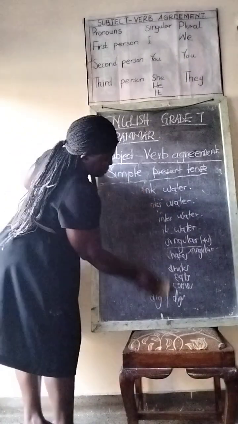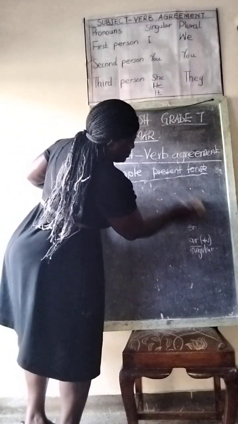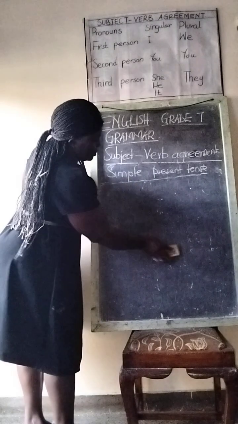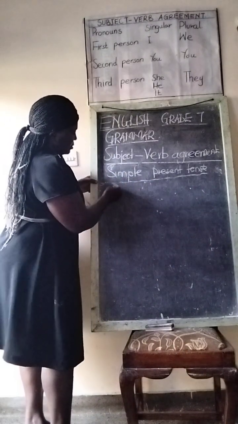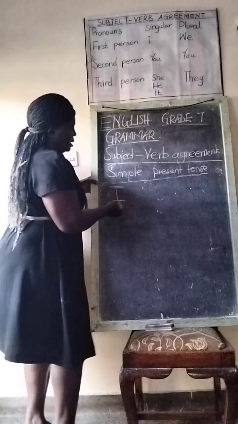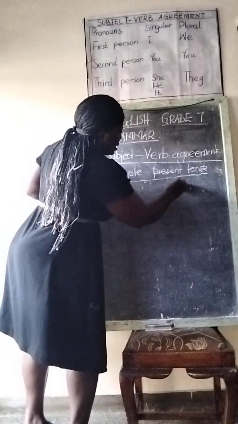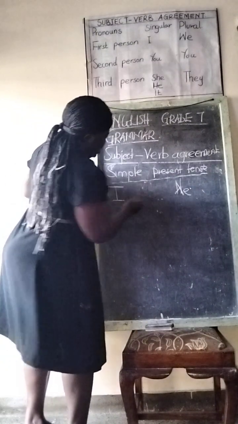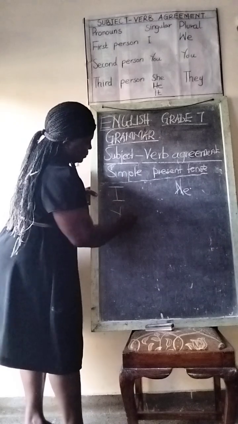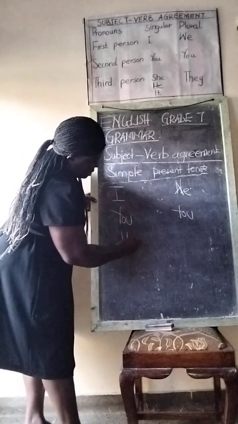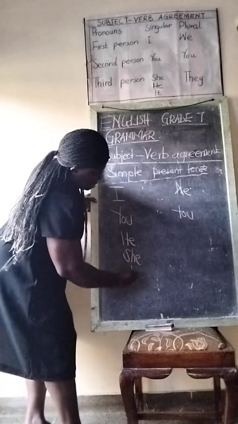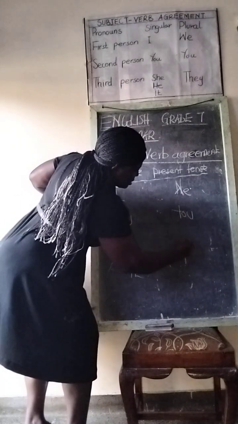Let us have this table here. We have I, we, you, he, she, it, then they.